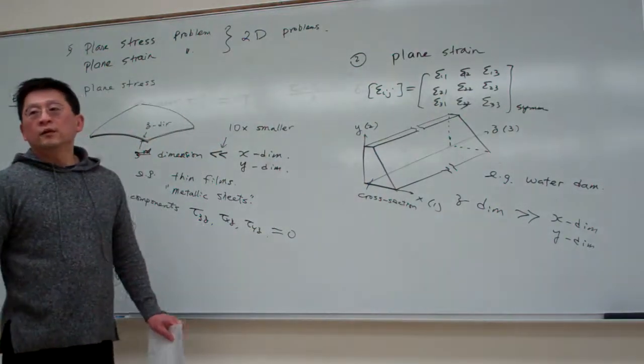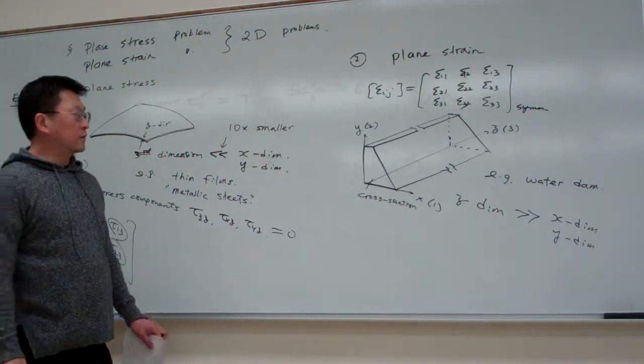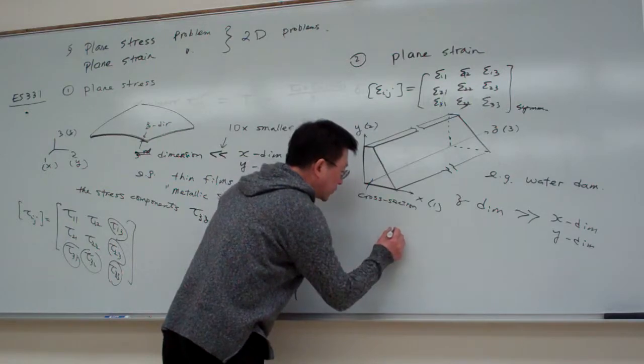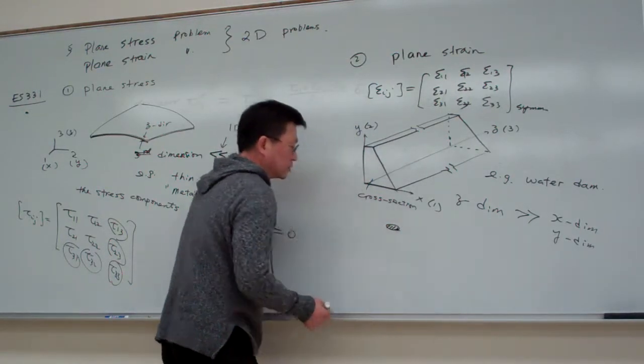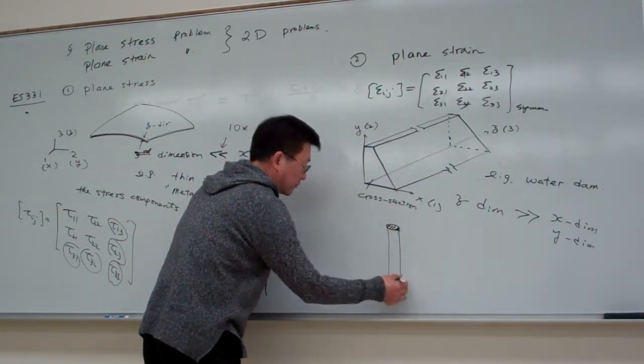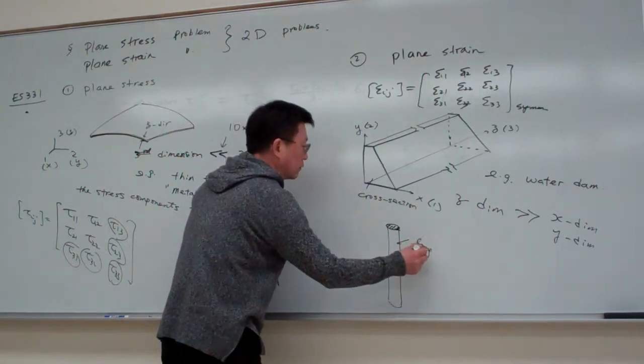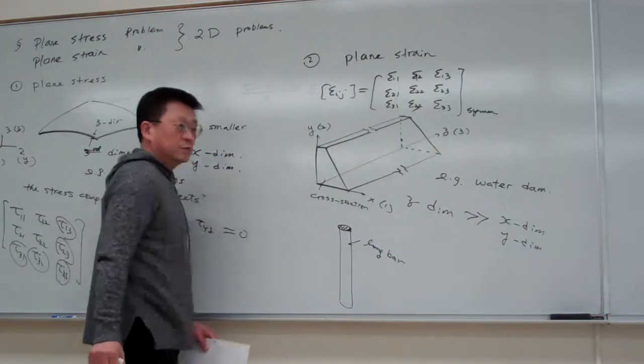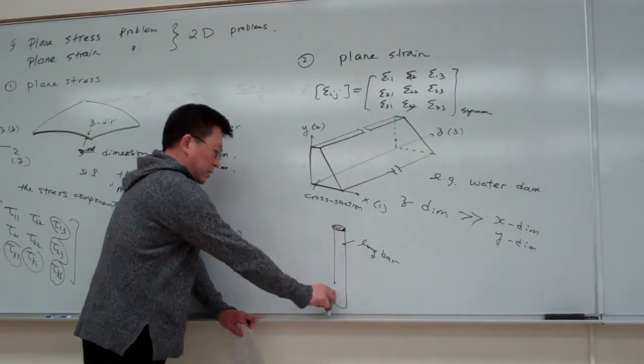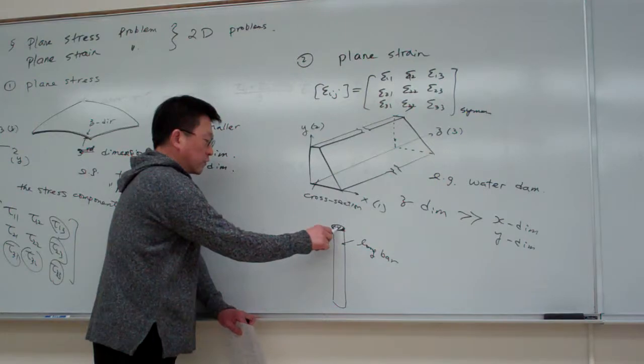The other possibility is this: if we have the cross-section and this is a long bar, in a similar way, the dimension in this direction is much larger than the dimension in the cross-section.